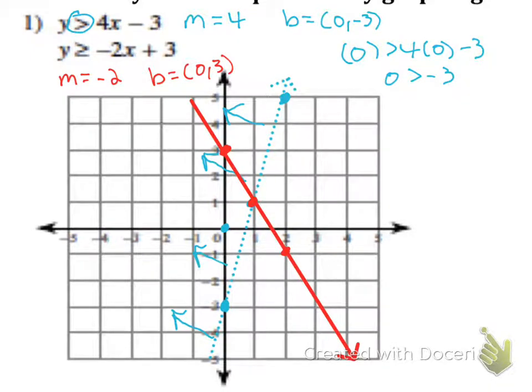Solid line there. And again, I can do the origin test. I can test the point 0, 0, which in this case would give me 0 is greater than or equal to -2 times 0 plus 3, which is 0 is greater than or equal to 3, which is not true. All right, so I tested 0, 0, it wasn't true, so I'm going to shade the other direction.